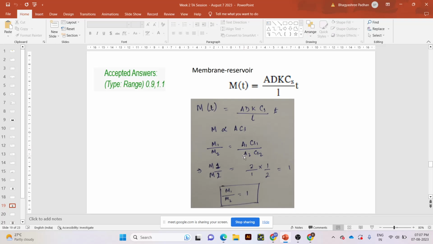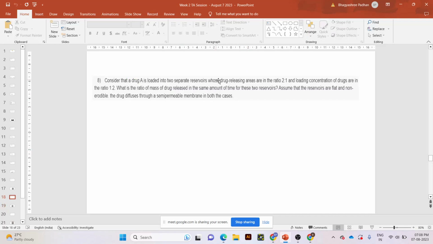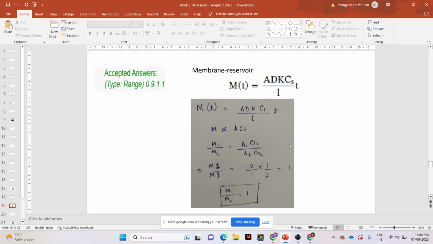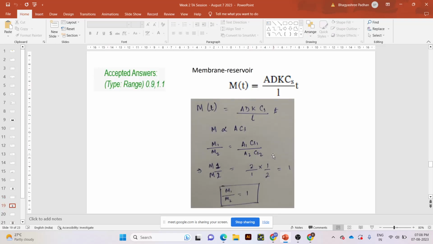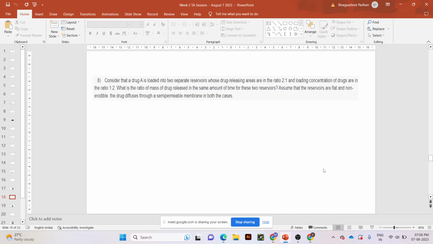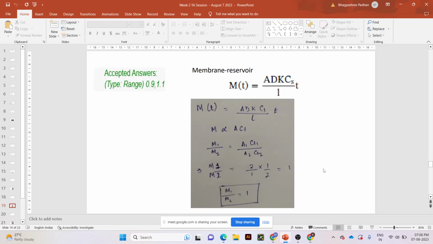A1 by A2, that is the drug releasing areas, is here 2 is to 1. So this is 2 by 1. Then drug loading concentration is in the ratio of 1 is to 2. So this will be 1 by 2. If we multiply this, we'll get 1. So the drug released in the same amount of time for these two reservoirs will be in the ratio of 1.